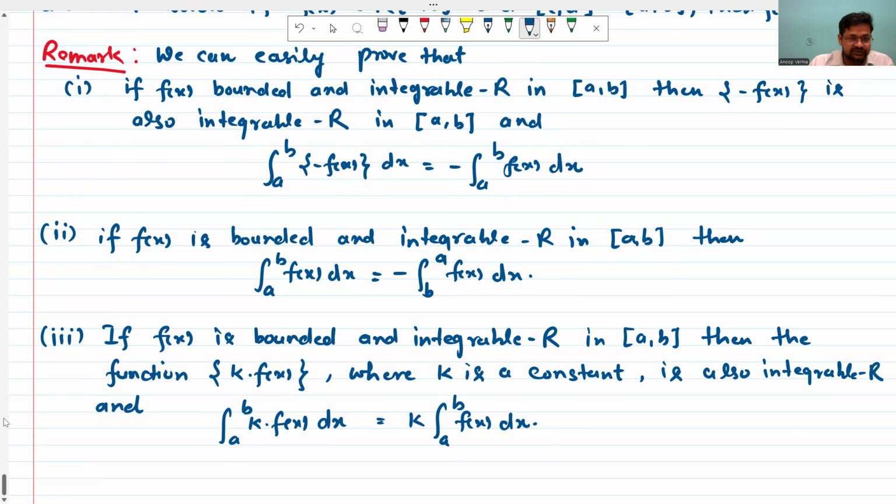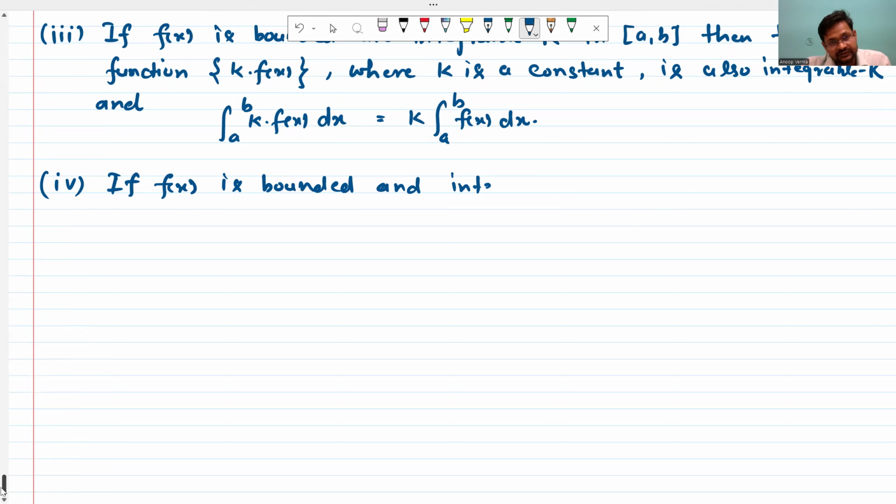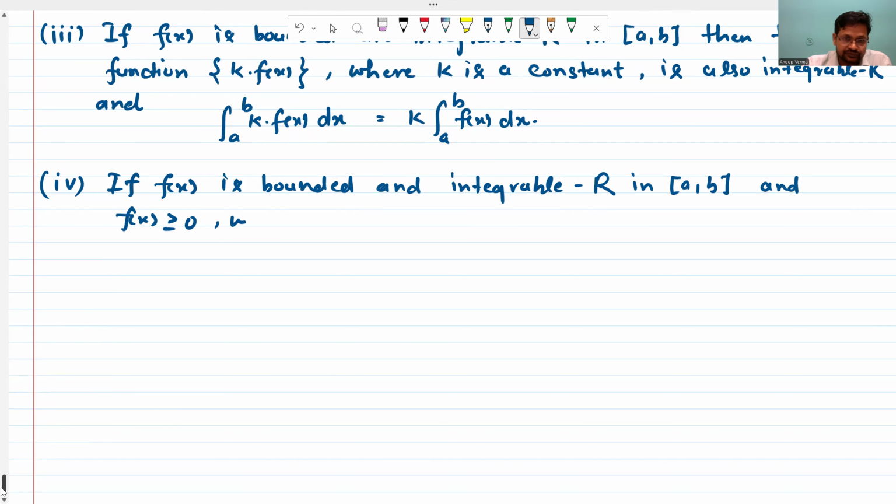Okay, and number four. If f(x) is bounded and integrable in this closed interval [a, b], and f(x) is greater than or equal to 0, where x belongs to the closed interval [a, b], then the value of its integration, the integral from a to b of f(x) dx, will be greater than or equal to 0.